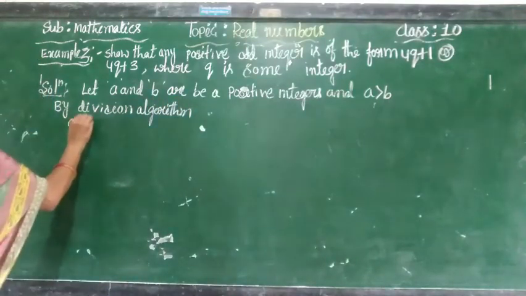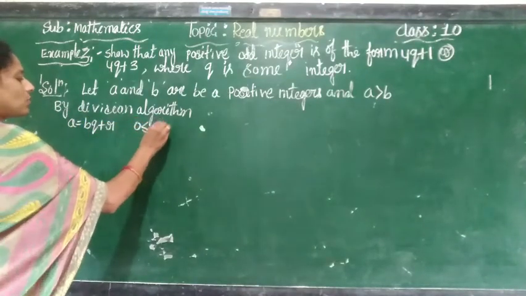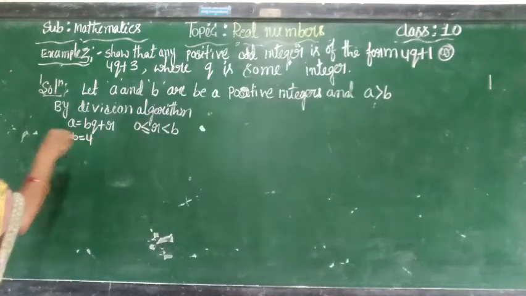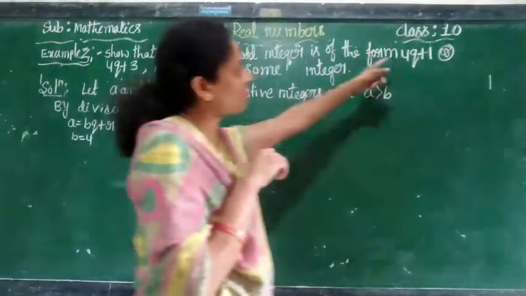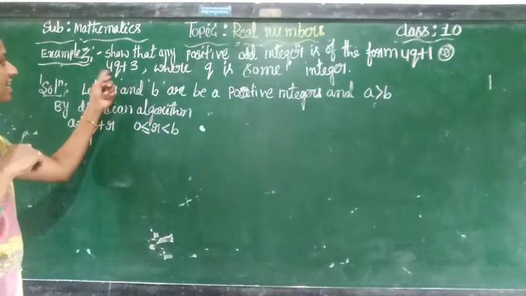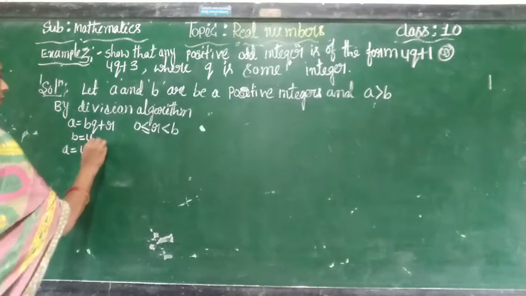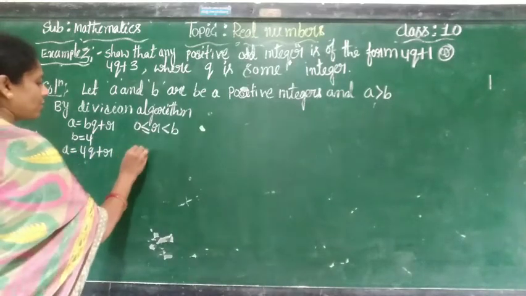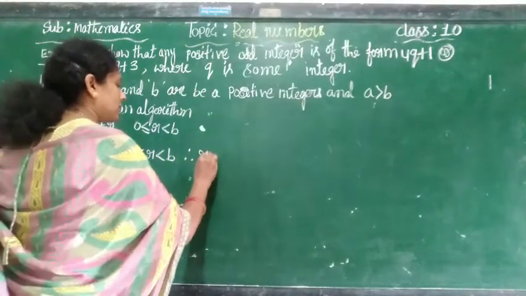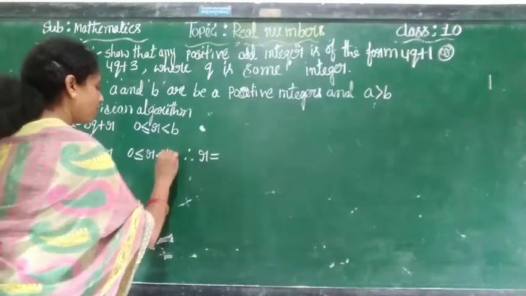a is equal to bq plus r, where 0 is less than or equal to r less than b. So b is equal to 4, because the integer is of the form 4q plus 1 or 4q plus 3, we take 4. So a is equal to 4q plus r, where 0 is less than or equal to r less than 4.